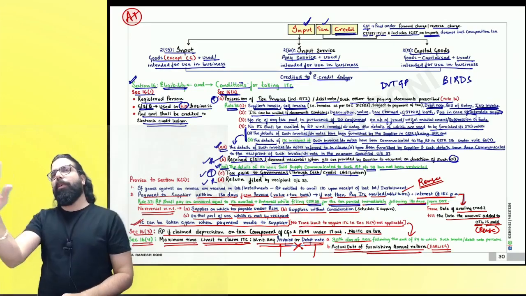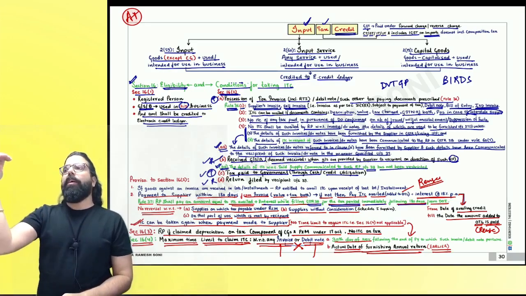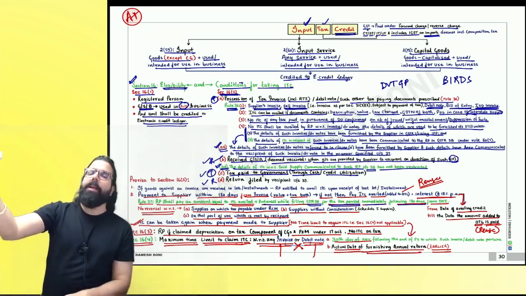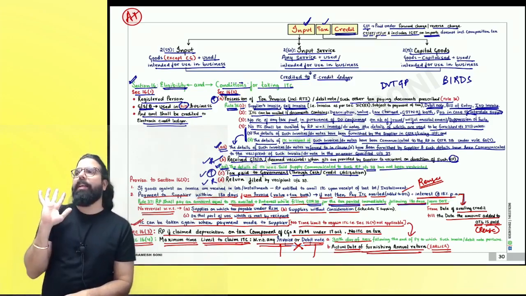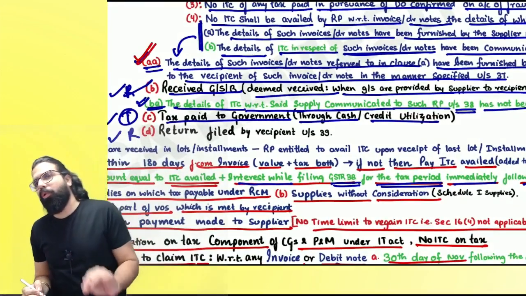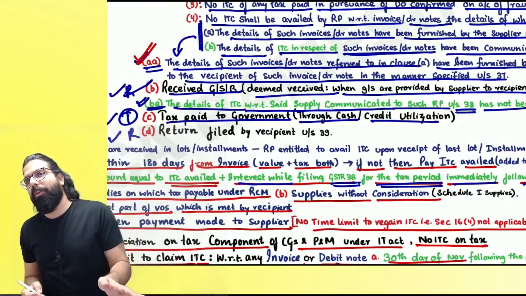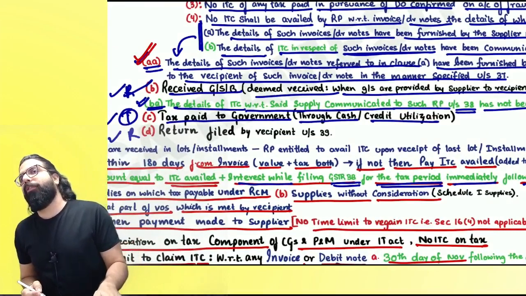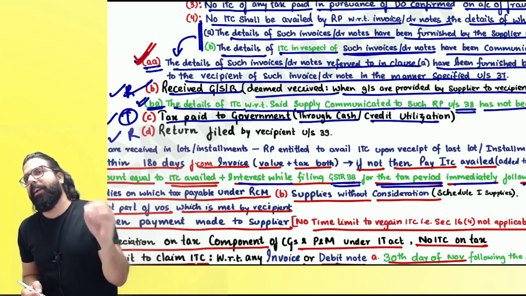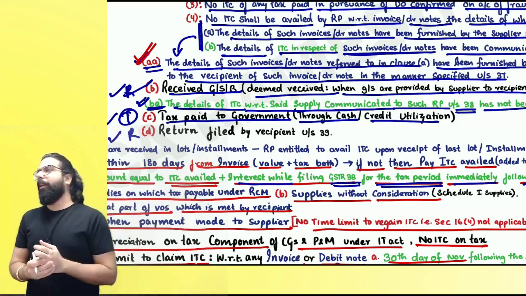Remember TR: tax paying document, receipt of goods, services or both, tax paid to the government and return filed. Other than that, I told you the credit should be appearing in your GSTR2A/2B, only then you can take the credit. And it should not be appearing in your restricted column. Basically, if it is coming in the restricted part, then you will not be able to take the credit.